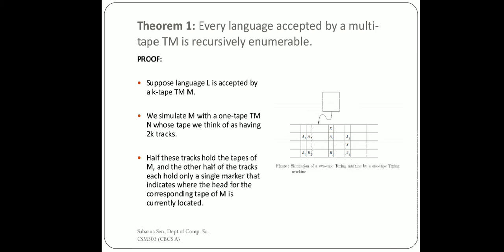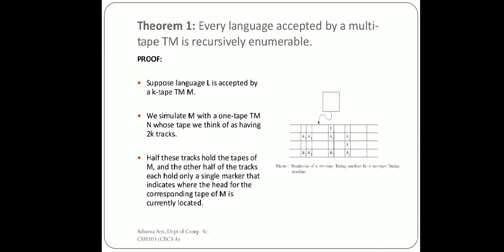So we have to store where the finite control of the first tape is, where the finite control of the second tape is, where the finite control of the kth tape is. That's why for each tape we need two tracks. One track holds the location of the head, and the second holds the content of the tape, right? That's why 2k.